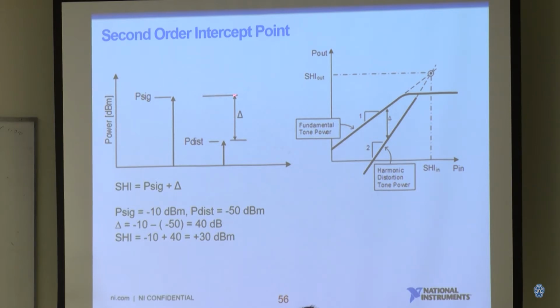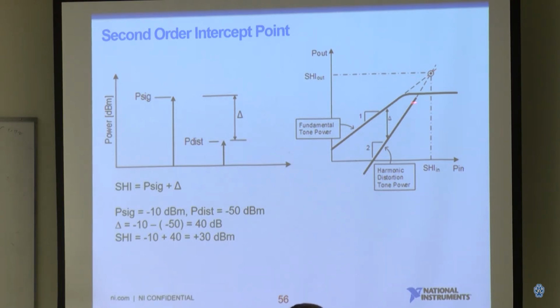Except for the third order harmonic, we also have the second order intercept point, right? Second order means you have a mid tone. Your second harmonic is double your original frequency, and there's a particular formula to define the second harmonic intercept. It's also used to determine how linear your system can go.